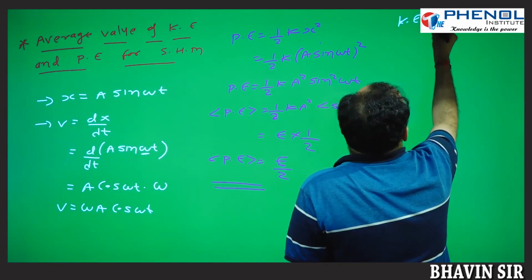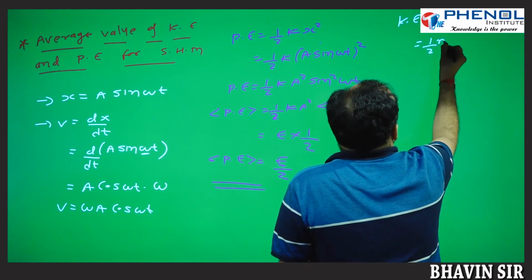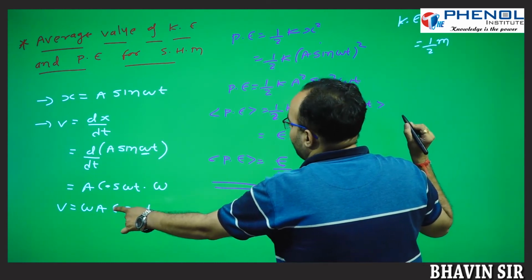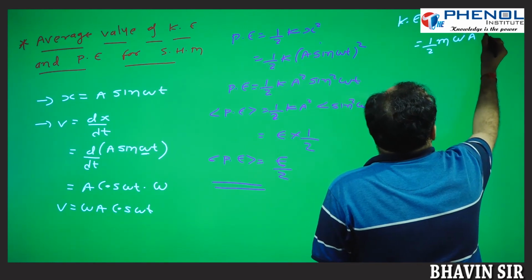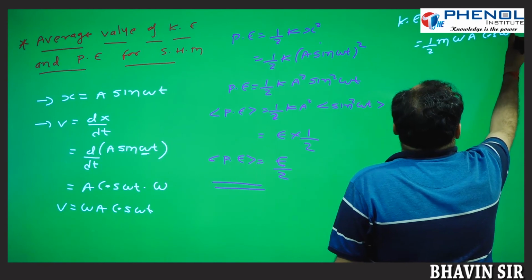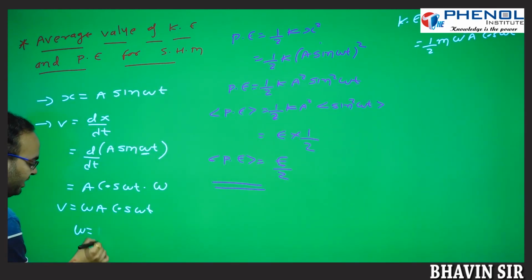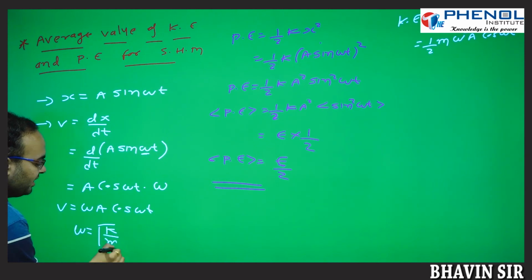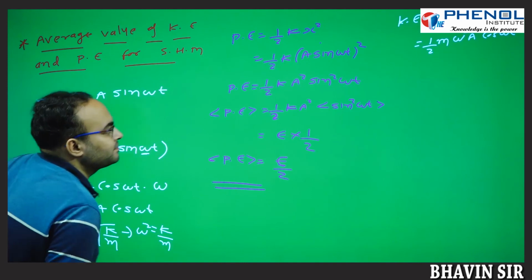For kinetic energy, half m v square. What is v? Omega a cos omega t, but it's squared, so omega square a square. Now what is omega? Omega is root k by m, and its square is k by m.